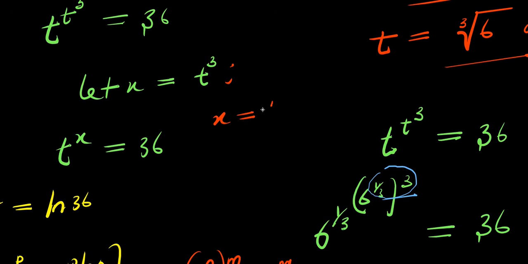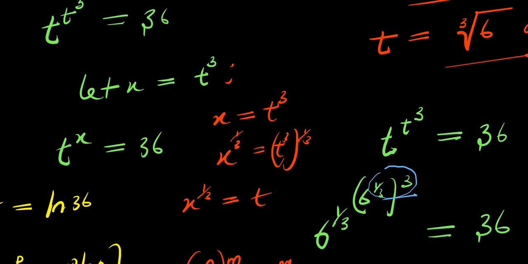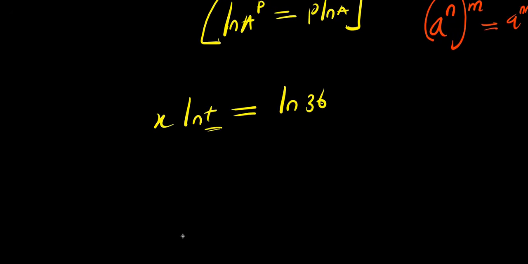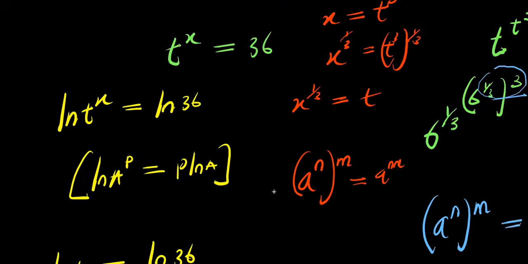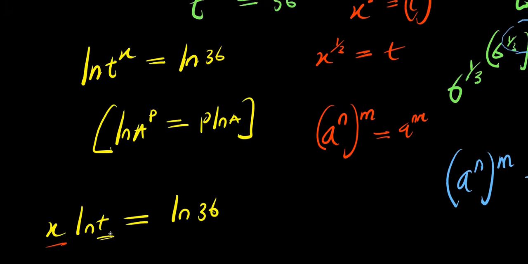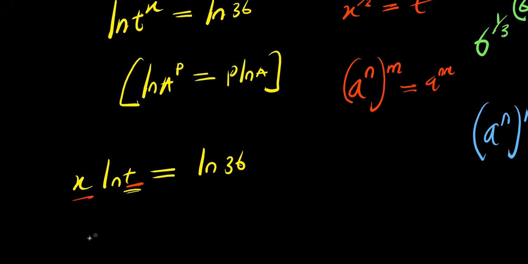That means if x equals t power 3, if I raise this to the power of 1 over 3, and also raise this to the power of 1 over 3, and multiply the exponent, I'm going to have x power 1 over 3 equals t. So this t here is x power 1 over 3. I have x times natural log of x power 1 over 3 equals natural log of 36.